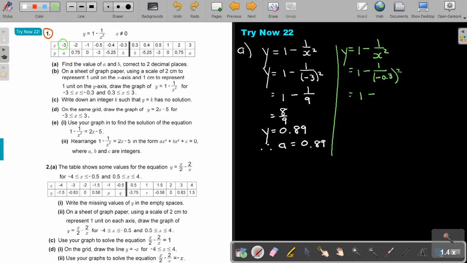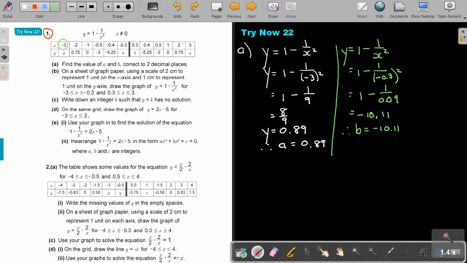You can press it on the calculator, for example, negative 0.3, close the bracket, square, so it's going to be 1 over 0.09. And if I press that on the calculator, I'm going to get negative 10.11. Make it a decimal, otherwise you cannot plot it like that. So again, therefore, B is equal to negative 10.11.